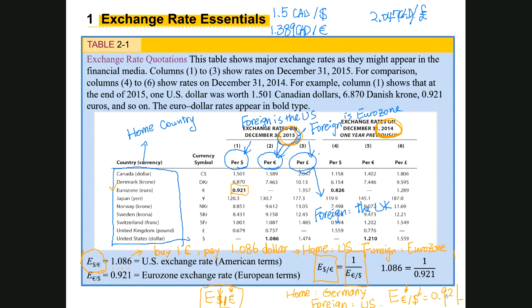And as you can imagine, those two are just the reciprocal of each other, right? Think about that. Suppose you are in the US and you exchange the US dollar to the euro first. Then you travel to Europe.